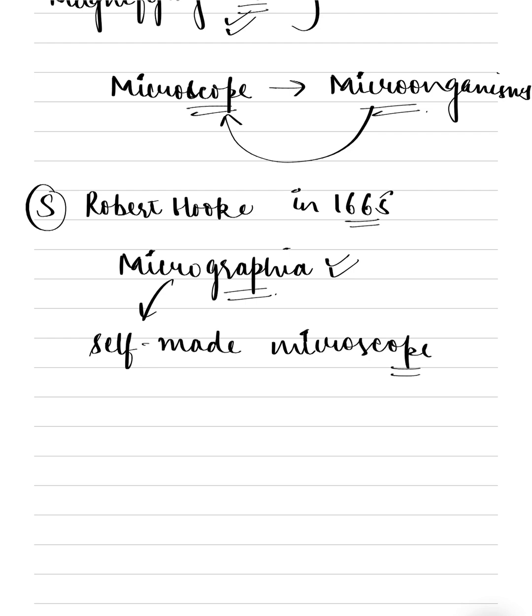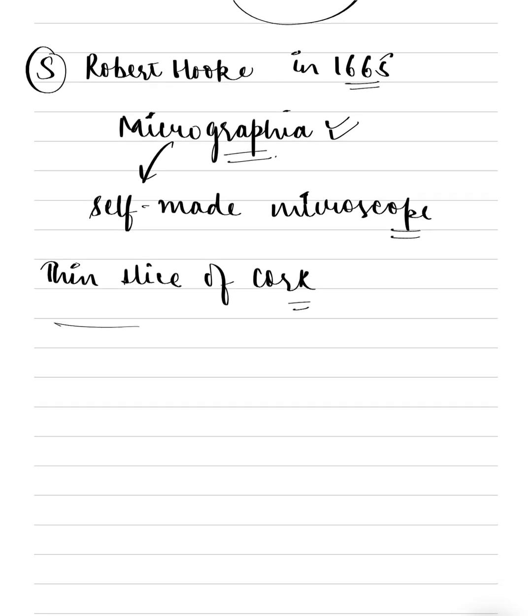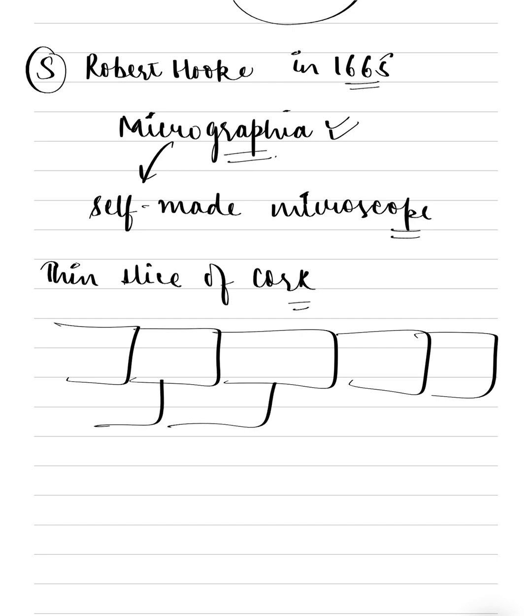With this microscope, he observed a thin slice of cork of a tree, and he observed that there are simple little empty spaces like this. He called those spaces or those little compartments cells.